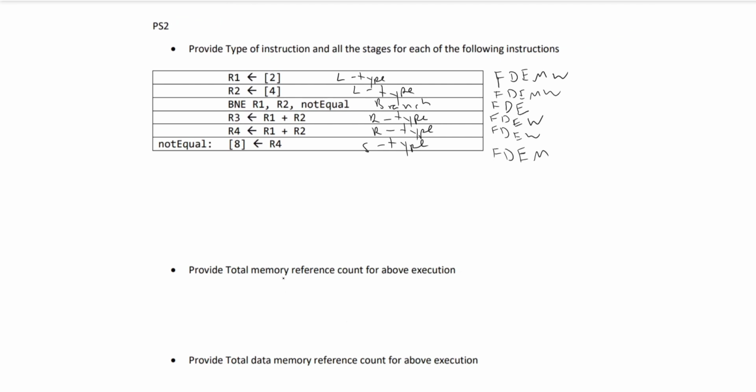Well, while that's happening, the total memory reference count for the above execution. Total memory reference count is how many times you have to go to main memory overall. Every time you do a fetch, you have to go to main memory because you're fetching the instruction, and all the instructions are going to be in main memory.